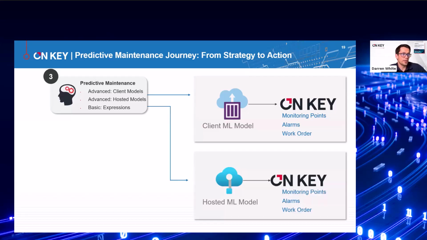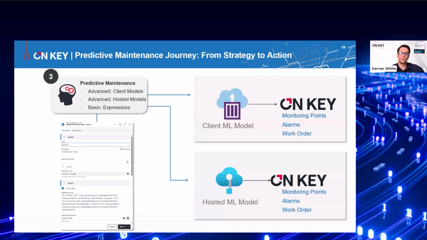Another option is where the On Key APM system itself hosts this model, to perform the same task of ingesting the data and triggering alarms and work orders. And like I said, there's also the option of creating a basic expression that is formula-based and doesn't use ML or AI to forecast prediction, where you can use an expression to forecast prediction.